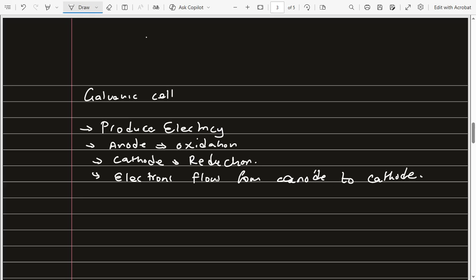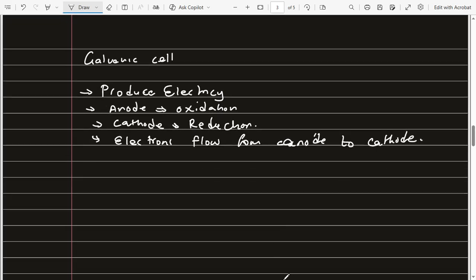Then in the electrolytic cell, instead of producing electricity like galvanic cells, electrolytic cells use that electricity.